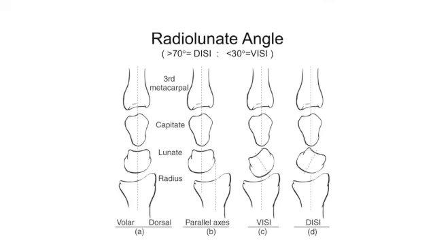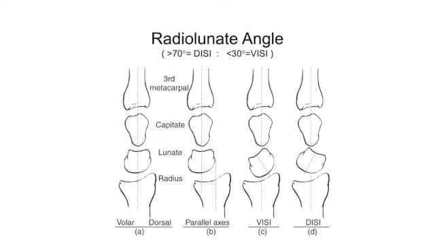So a kind of specialized view here, and this is what we're going to see sometimes with the lateral view, is something called the radial lunate angle. What we're looking at here is we need a dorsal angle of around 70 degrees, ventral angle around 30 degrees. And really what we're looking at is literally the angle between the radius and the lunate.